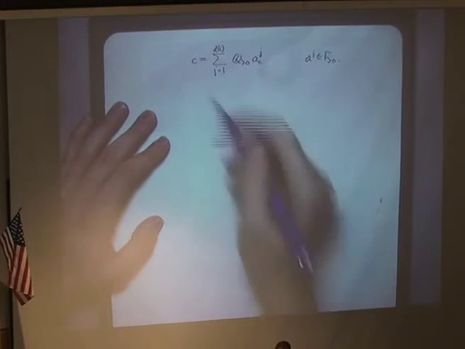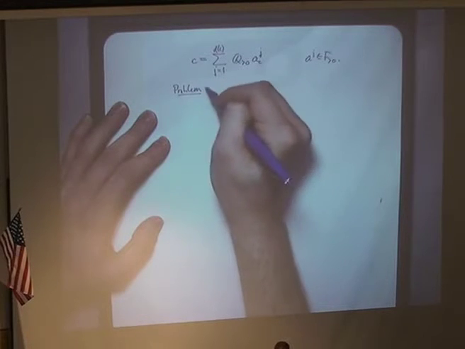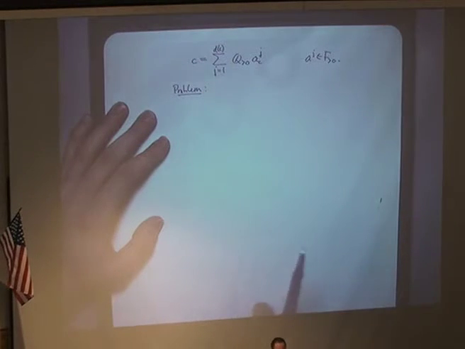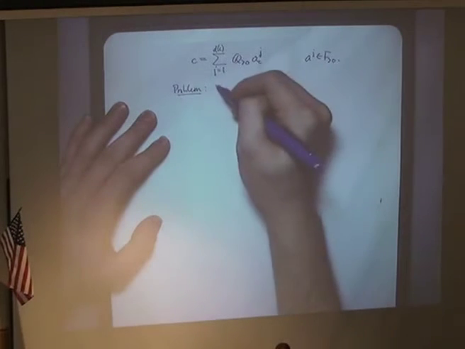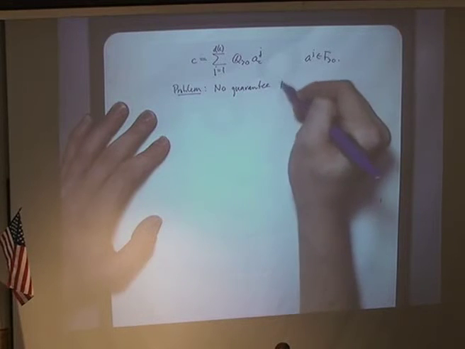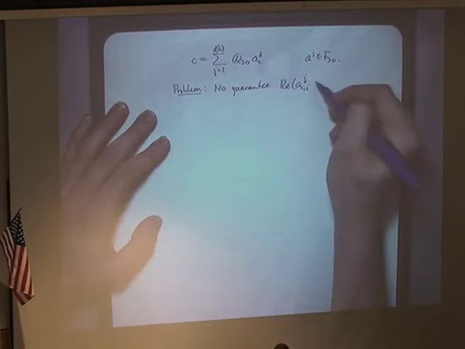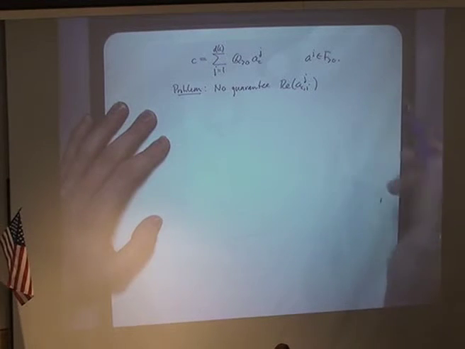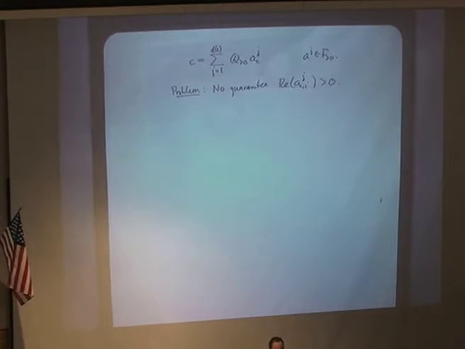Now the problem is, when you're choosing such a decomposition, there's really no guarantee that the real parts of these A_{C,i,j}, sorry about the lots of indices, are positive.